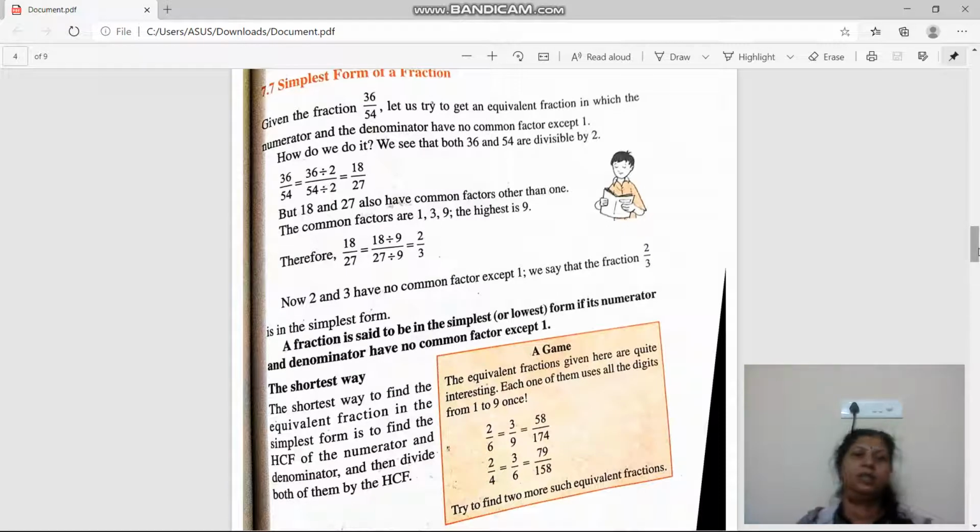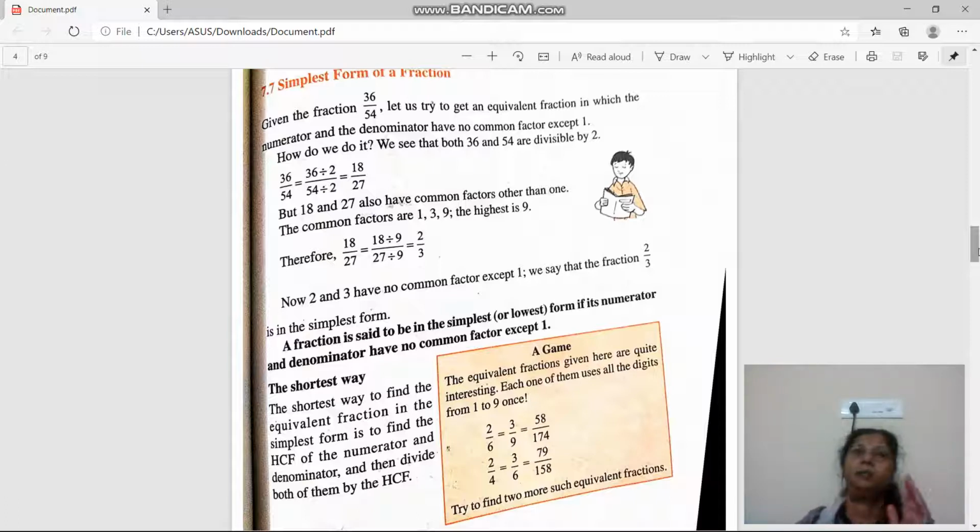A fraction is said to be in simplest form if its numerator and denominator have no common factor except 1. अगर आपको हिंदी में समझना है तो आप क्या समझोगे? अगर आपको एक फ्रैक्शन दिया है, तो न्यूमरेटर और डिनोमिनेटर को अगर एक के अलावा बाकी किसी नंबर से डिवाइड नहीं कर सकते तो वो सिंपलेस्ट फॉर्म है.